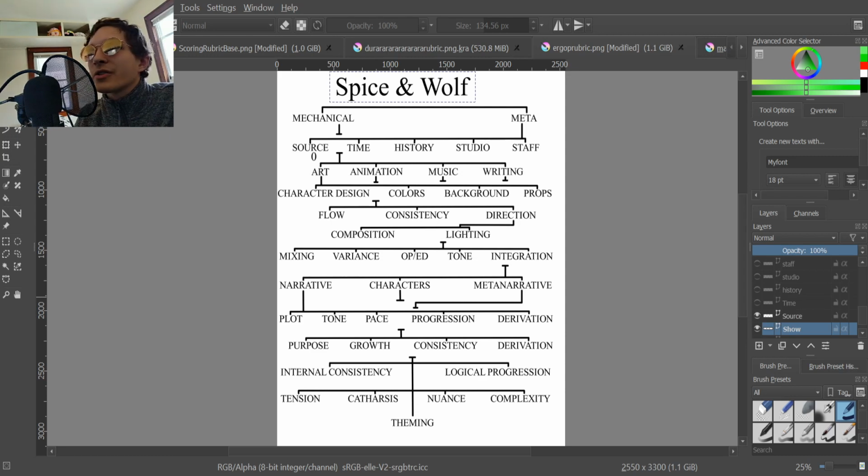So for source, I own all of the light novels for Spice and Wolf, and I'm a huge fan of the translation itself, and I've heard that the actual books in the original Japanese are also really, really good. Oh, we are on the wrong layer.